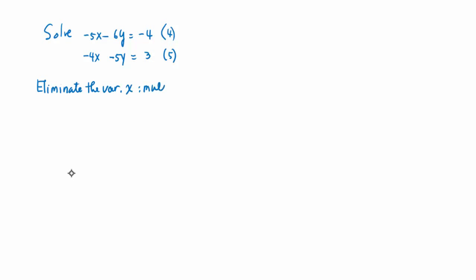So we multiply equation 4 by what? We multiply equation 4 by negative 4, and then equation 5 by 5. So when we multiply through by negative 4, what do we get? We're going to get 20x plus 24y, right?